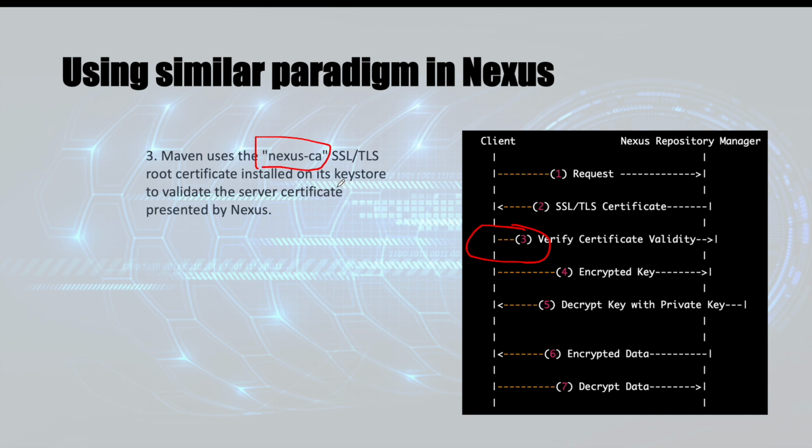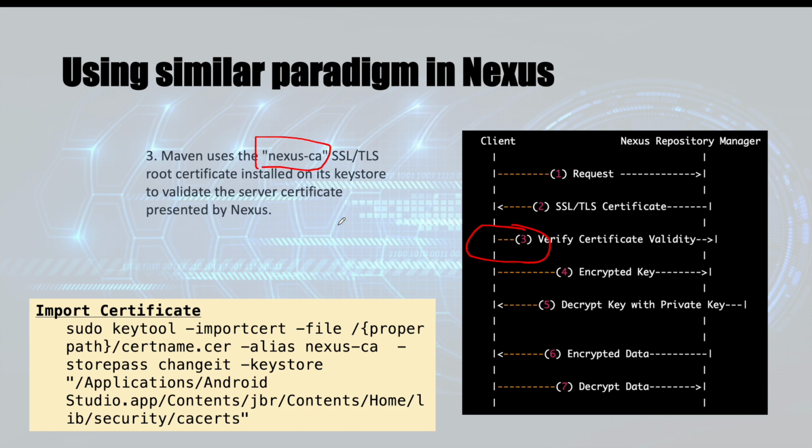From the keystore, it will get the root certificate and verify that this certificate is valid. Once it has verified that the certificate is valid, then the data transmission between the Nexus repository and the client can happen.